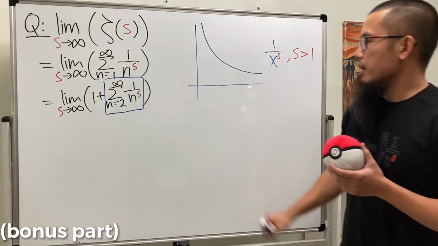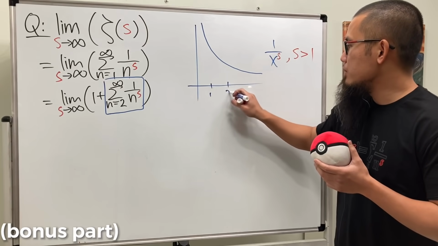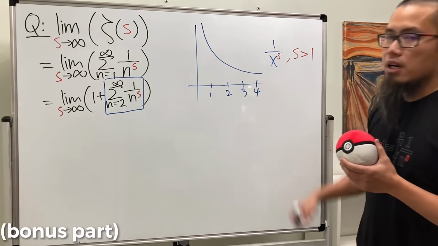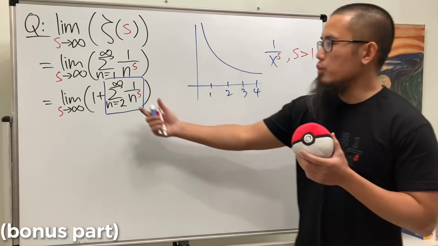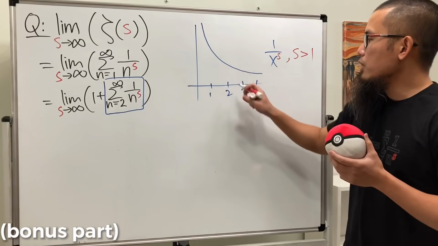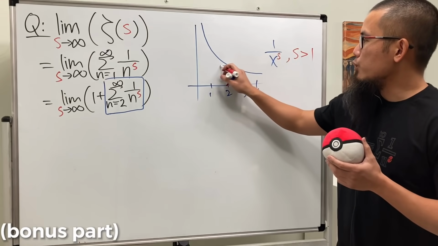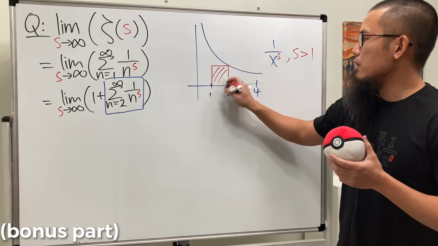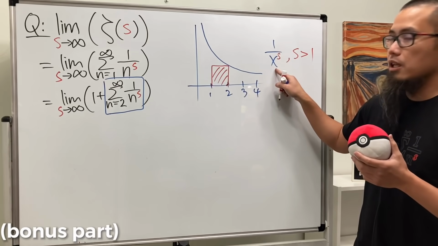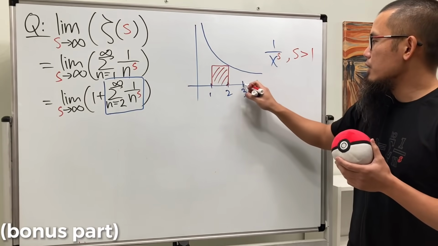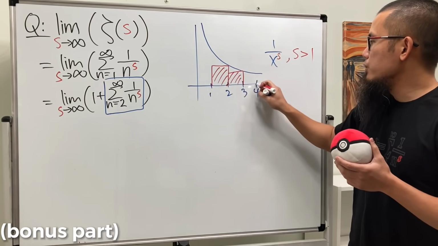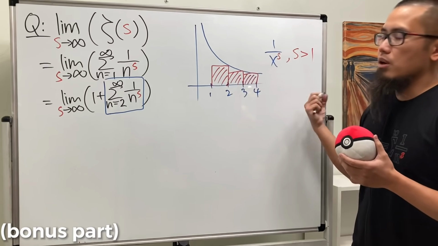But anyway, let's go ahead and just make some marks. 1, 2, 3, 4, and so on. This right here starts at 2. This is how we can produce this series in this picture. You just go to 2, and then you make a rectangle, like so. Because when you put 2 into the x, you get 1 over 2 to the s power. And then again, do the same thing, and so on, so on, so on.